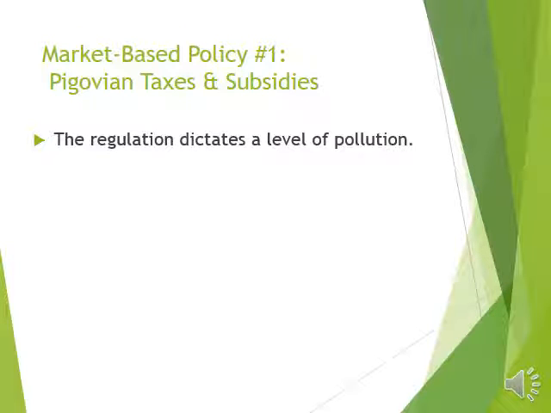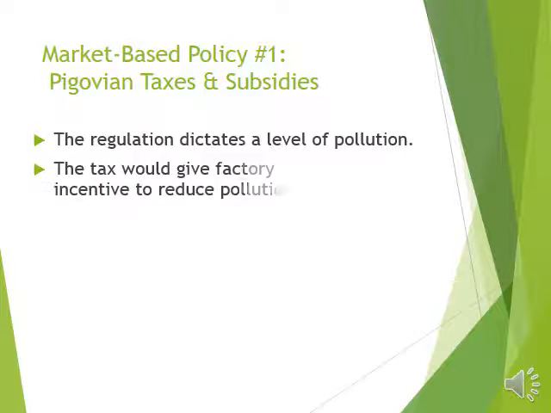So, regulation dictates the level of pollution, but a tax gives the factory owners an economic incentive to reduce pollution. So they're slightly different in how they work. Regulation is very popular because it's very easy to determine the level of SO2 or CO2 emissions which is acceptable.